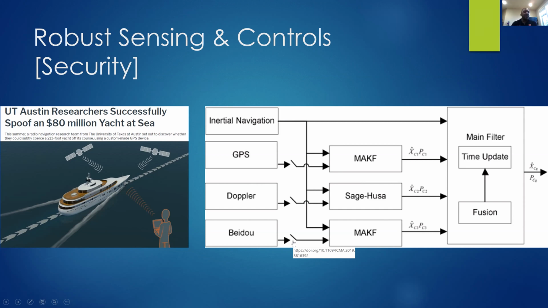In the picture on the left, at a seminar, a professor from the University of Texas, Todd Humphreys, came in, and he and his research group got to go on a yacht in, I think, the Mediterranean Sea and deploy their research. He's presenting, essentially saying, hey, GPS has some flaws.